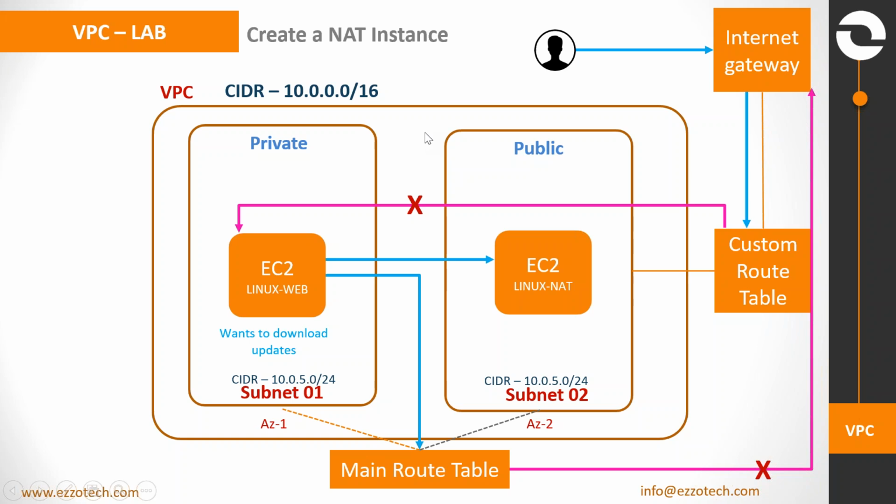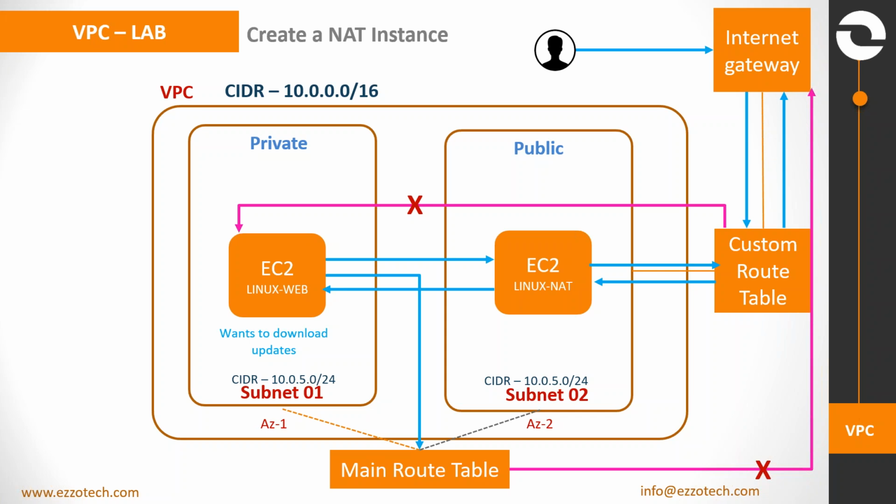Fine. So my EC2 instance in the private subnet will communicate to the EC2 instance in the public subnet, and then my public instance will communicate to the internet. It will get the packages downloaded, and then it will move the packages to the private instance. So now this is possible. The communication is taking place.